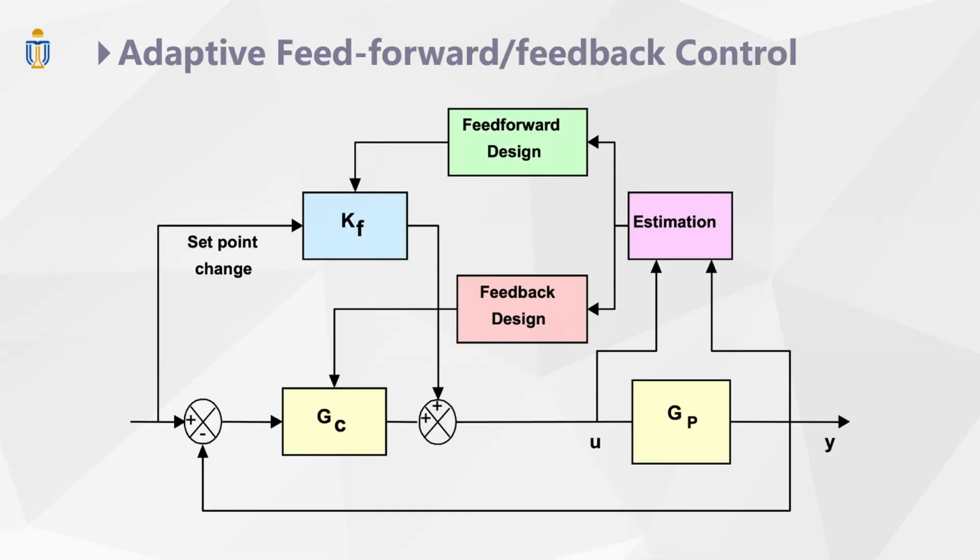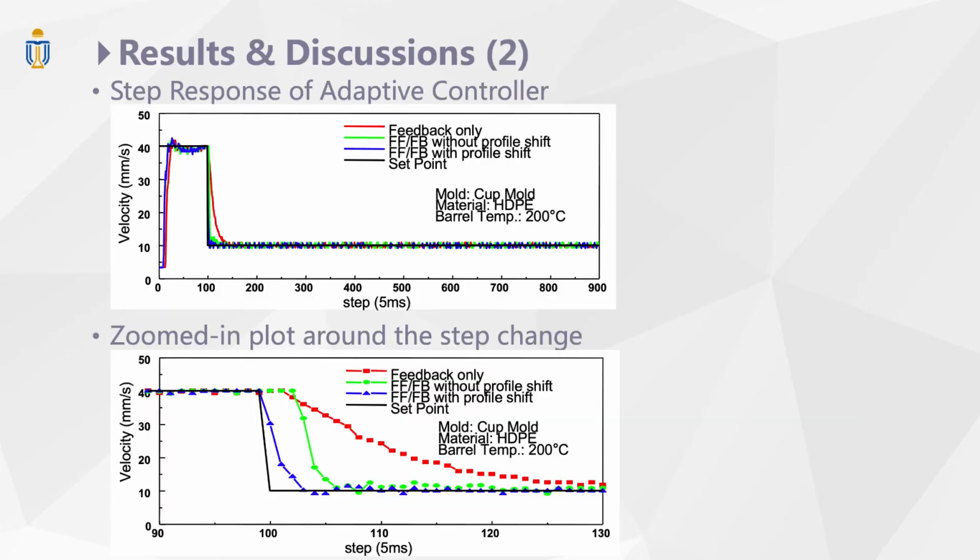We realized that for a batch process, the set point profile is fed to the machine before the process starts. We can take advantage of that to introduce a sort of feed forward to the adaptive control. Here's the feed forward control result in green lines.